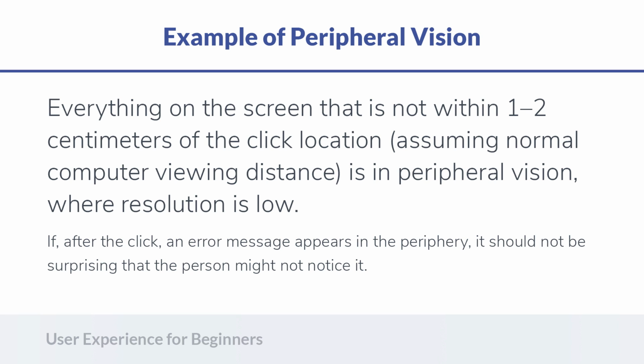So if the user is looking at any object or focusing on anything on your screen, the error message or any feedback you want to give the user about what he is doing needs to be very close to the user's central vision.